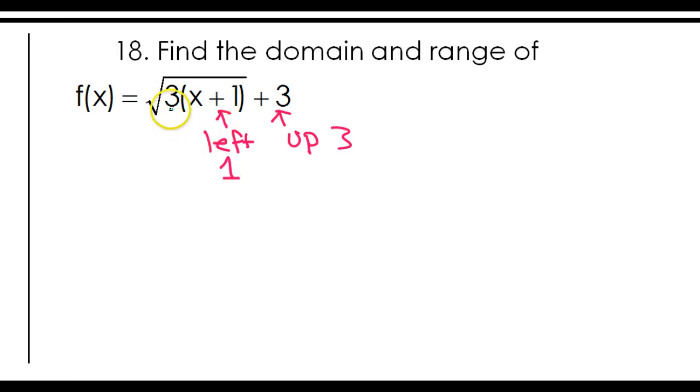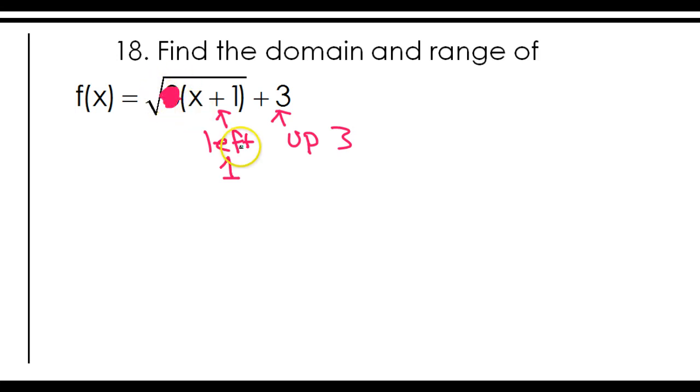Now this 3 on the inside is actually going to be a vertical compression by a factor of 3. A horizontal compression. So that's going to just make the graph shorter looking, but in terms of the domain and range, you can ignore that.